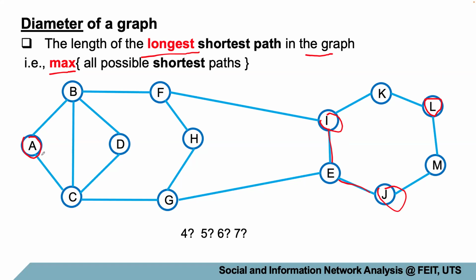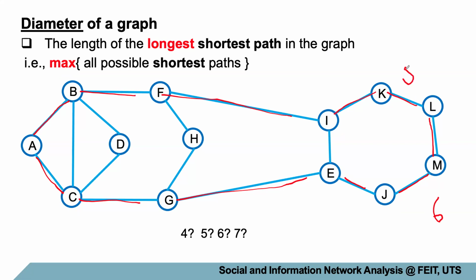Then when you list the paths, you compute the length, for example from A to L. From A to L, one path is from A to C to G, 1, 2, 3, 4, 5, 6. This is 6. But there's another way, 1, 2, 3, 4, 5. So this is the tricky part.